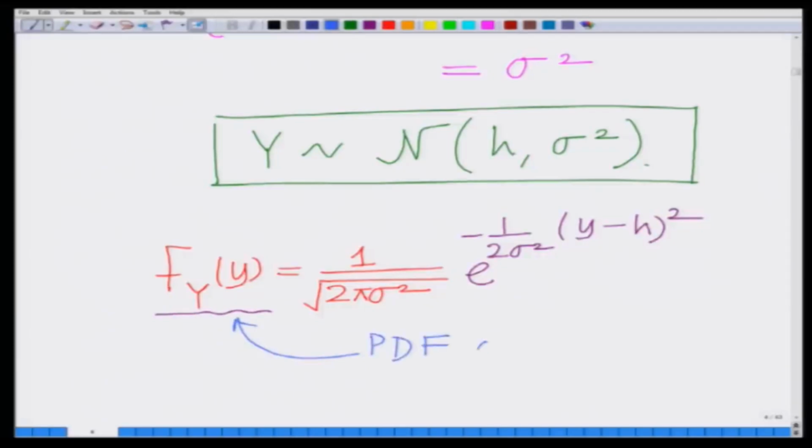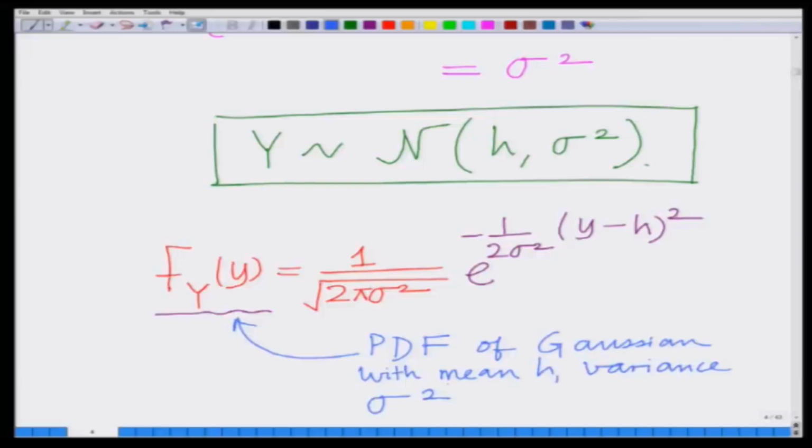PDF of a Gaussian with mean h and variance sigma square.